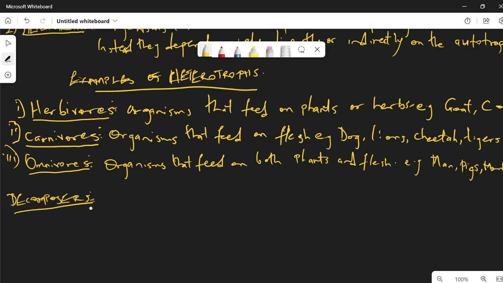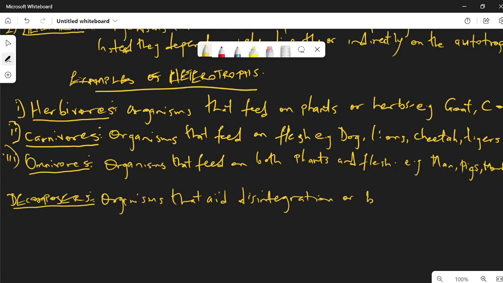Decomposers are organisms that aid disintegration or breakdown of matter. They are biological substances that aid the disintegration or the breakdown of substances.